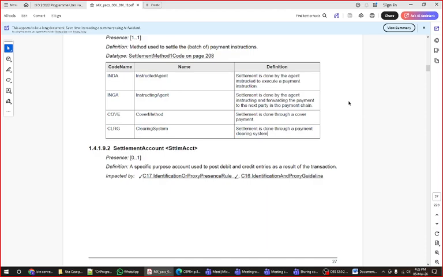INDA is mostly receiving, right? Yes, INGA is sending. If we put INDA, then it will be the receiving agent doing the settlement.